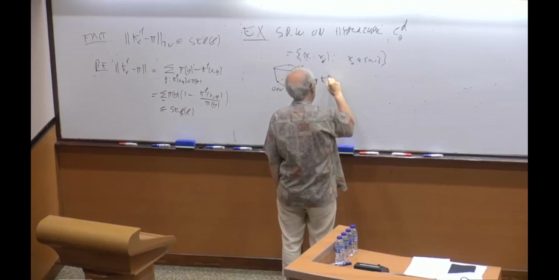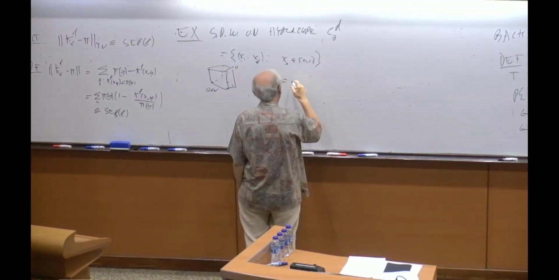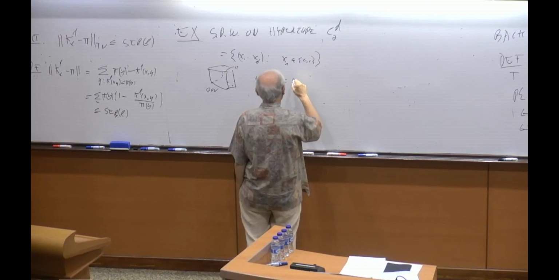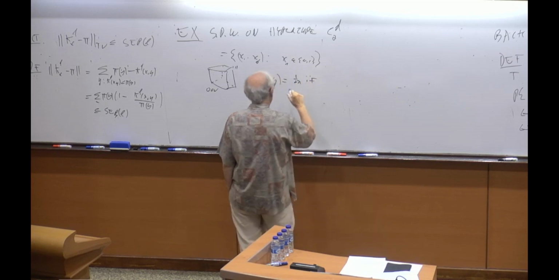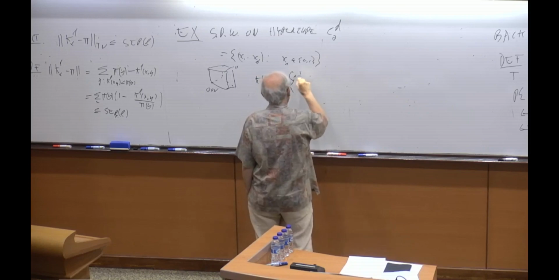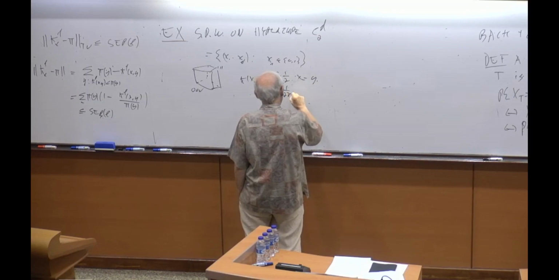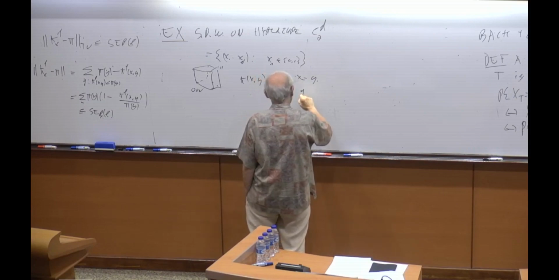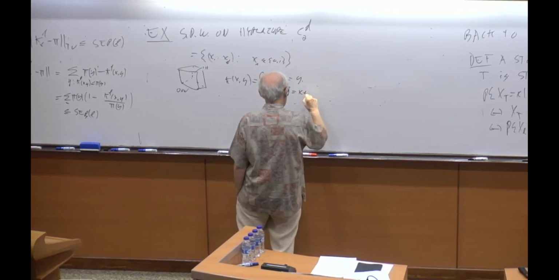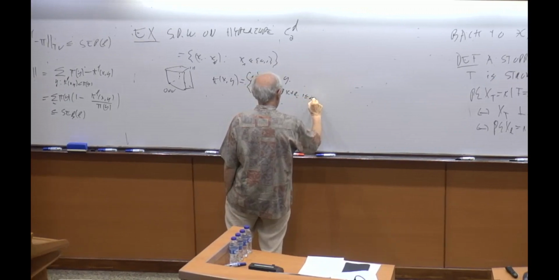So K of xy is equal to 1/2 if x is equal to y, and it's equal to 1 over 2n if y is equal to x plus e_i, 1 less than or equal to i less than or equal to d.